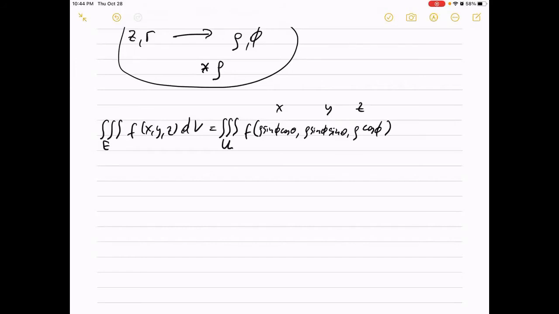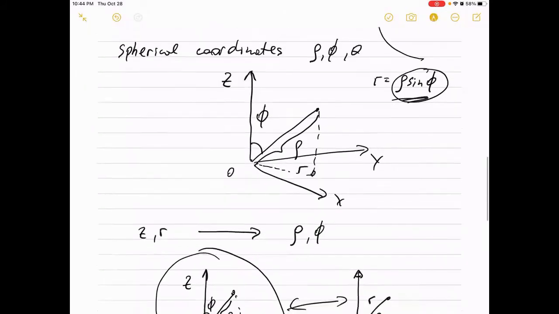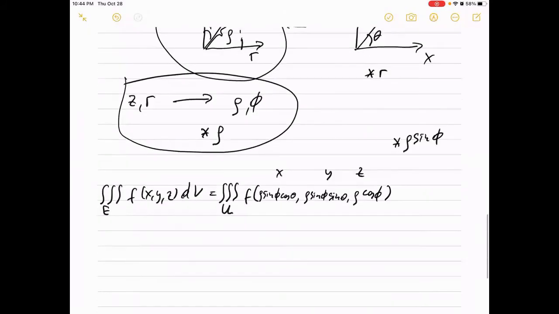And we need to multiply it by an extra r, and r is rho sine phi, which comes from here. And we also need to multiply by an extra rho. So we need to multiply by an extra rho squared sine phi.